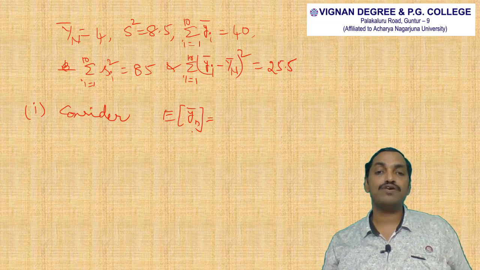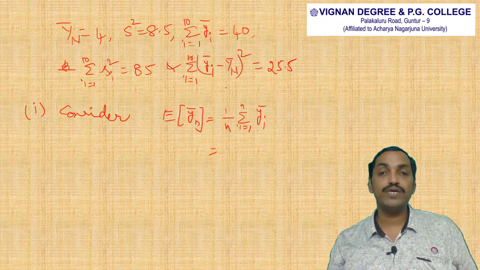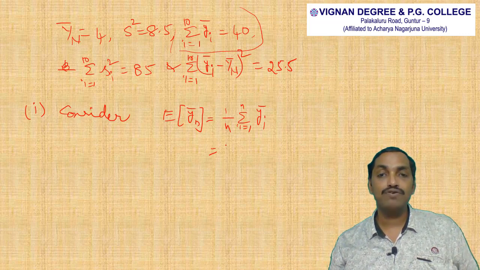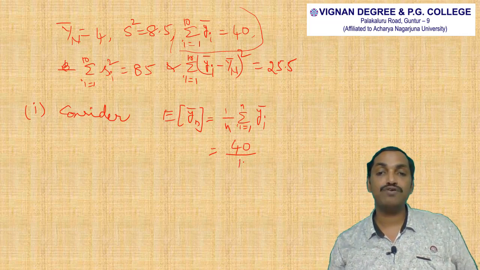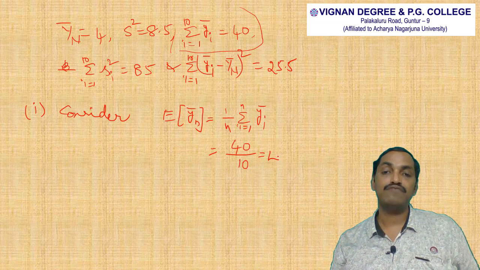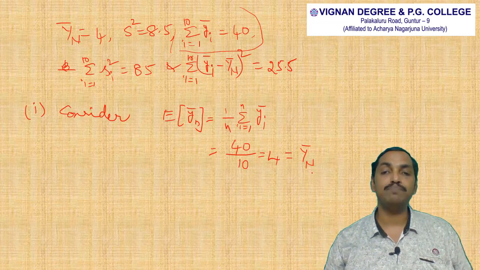So here the formula for the mean of the means is nothing but 1 by small n into summation i equal to 1 to small n yi bar. And summation yi bar here is 40. So 40 divided by, and small n is the number of samples we drew. So we got 10 samples. So 40 divided by 10 is 4, which is same as capital Yn bar.